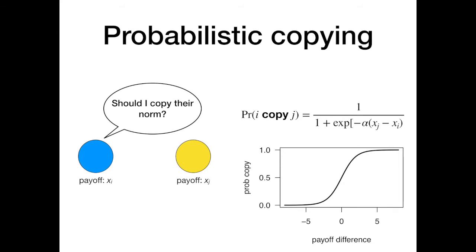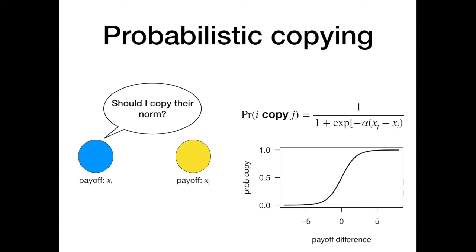If they have the exact same payoff in this model, then it's a coin flip, a 50-50 chance that agent i will copy agent j. If the difference is positive, if agent j has a higher payoff than agent i, then agent i has a higher than 50% probability of copying agent j, and vice versa.